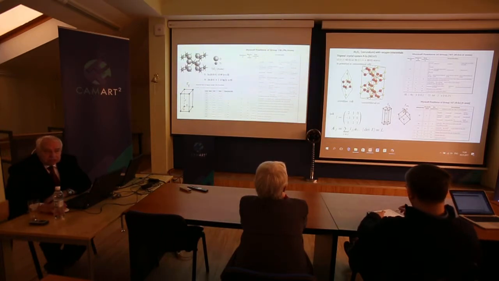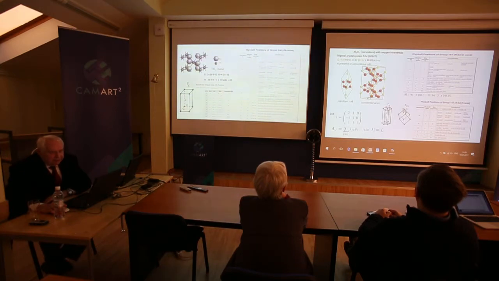Corundum is especially difficult. Crystallographers say that this is space group number 167. When they give a number, it's definitely known from the list of space groups. There is only one space group with this number.